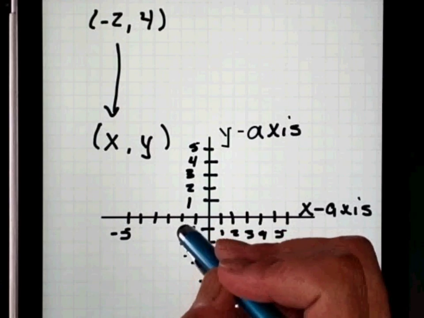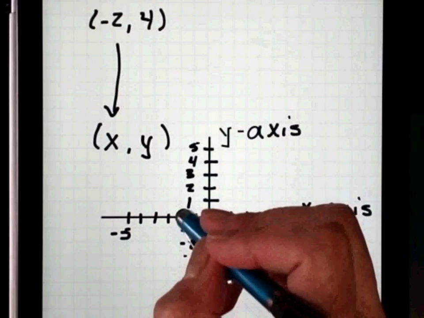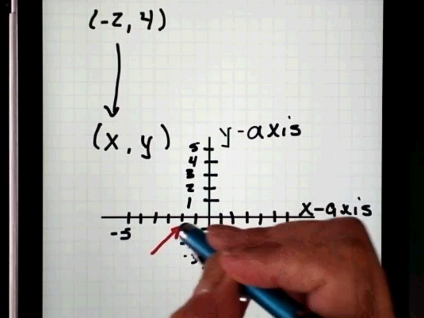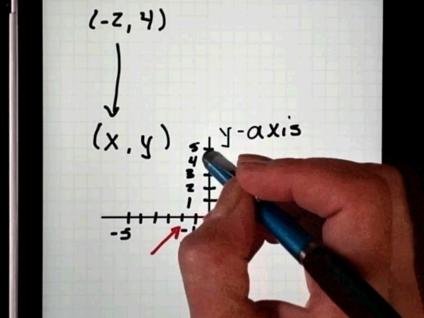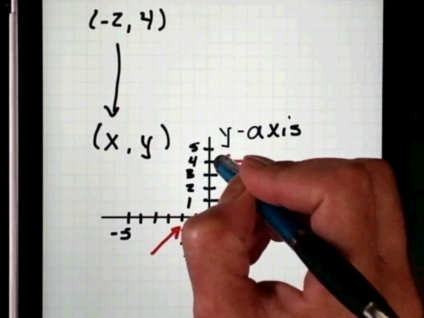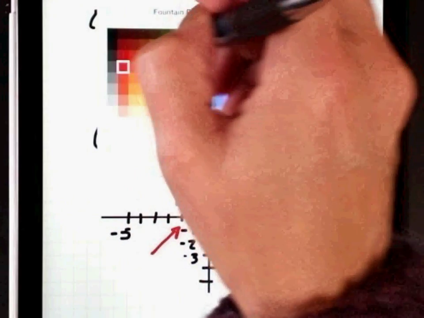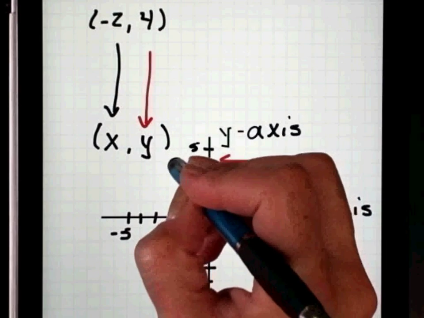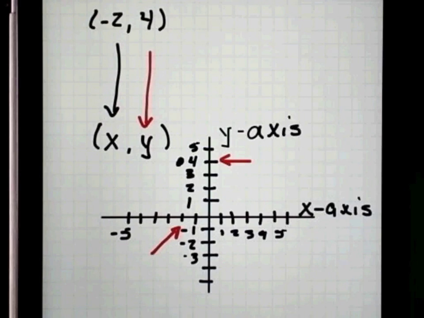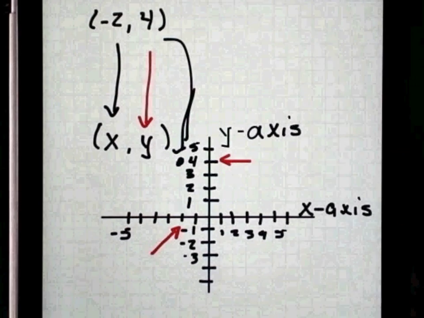So we'll go to -2 on the x-axis, which is right there. And 4 on the y-axis, which is right here, because 4 lines up with the y. These will always come in xy pairs, always alphabetical order. So the point (-2, 4) goes right there. We just indicate that by putting a dot.